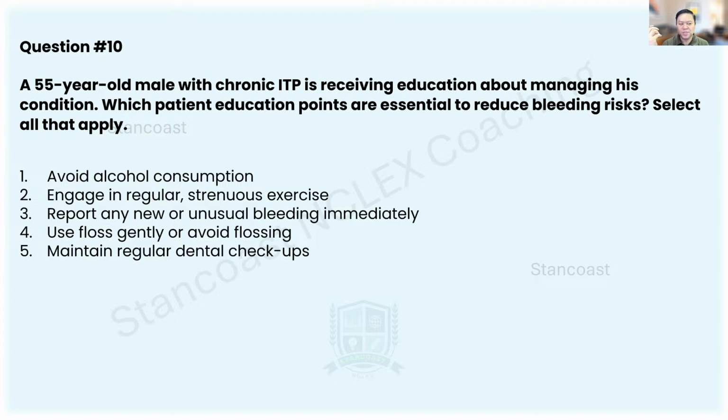Which patient education points are essential to reduce bleeding risk? Select all that apply. Is it 1, avoid alcohol consumption, 2, engage in regular strenuous exercise, 3, report any new or unusual bleeding immediately, 4, avoid flossing, 5, maintain regular dental checkups?